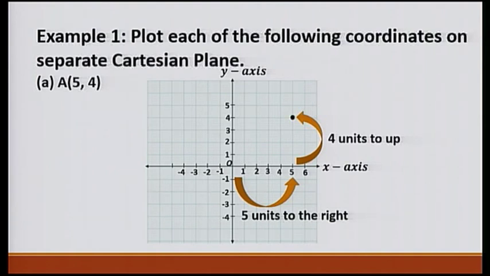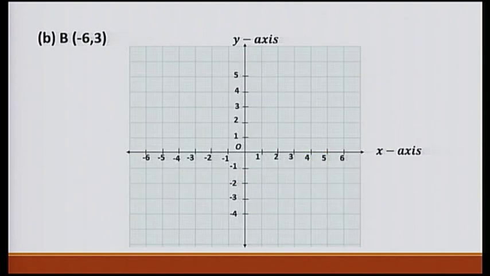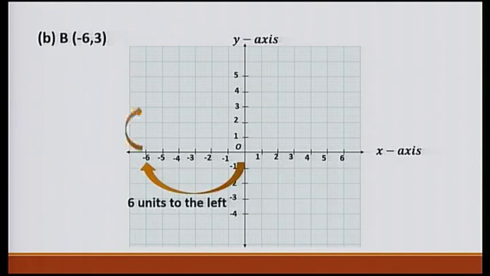This is the location of the point A. Part B. We have the point (-6, 3). 6 units to the left, 3 units up. This is the location of the point B.